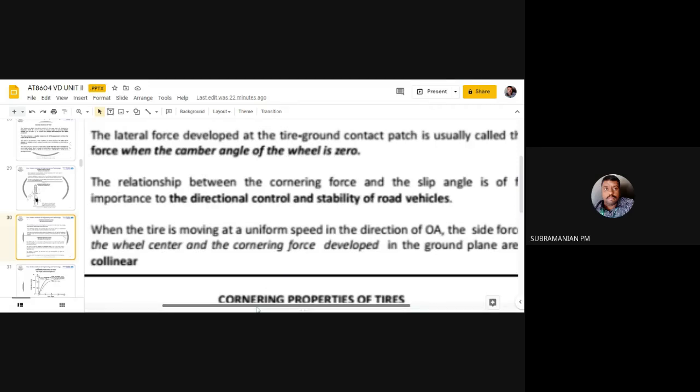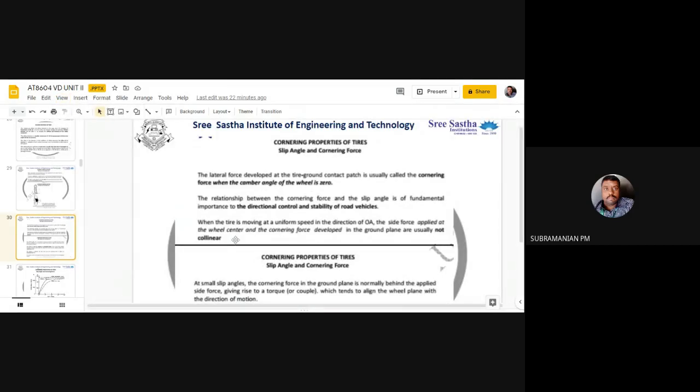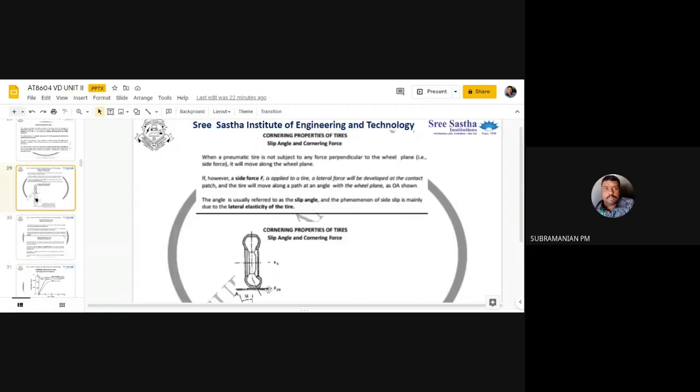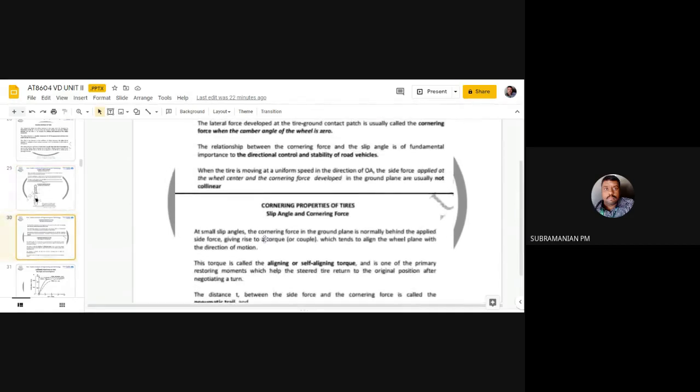And the main thing you have to understand is, see in the sketch, the tire is going to move at an angle, that is, in the path OA. It is having the slip angle. The tire is moving at a uniform speed, not going in the straight ahead position.